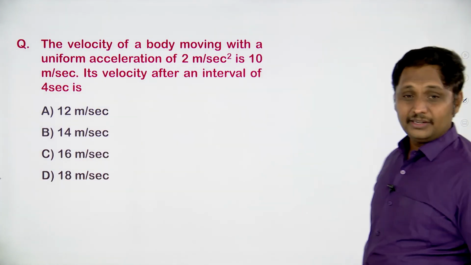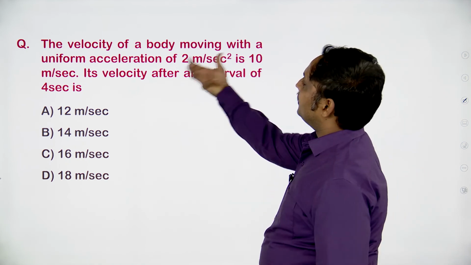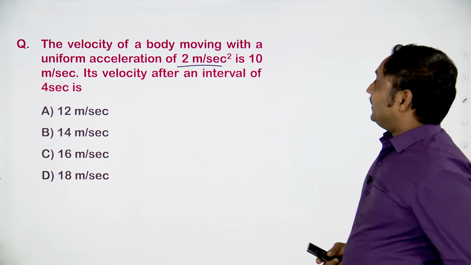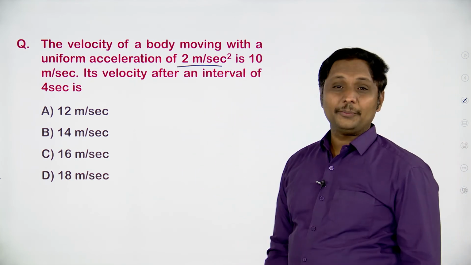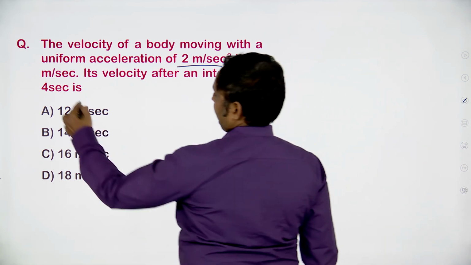Let's go for another one, it's a very simple and easy problem. The velocity of a body moving with a uniform acceleration of 2 meter per second square is 10 meter per second. Its velocity after an interval of 4 seconds, it's very clear.